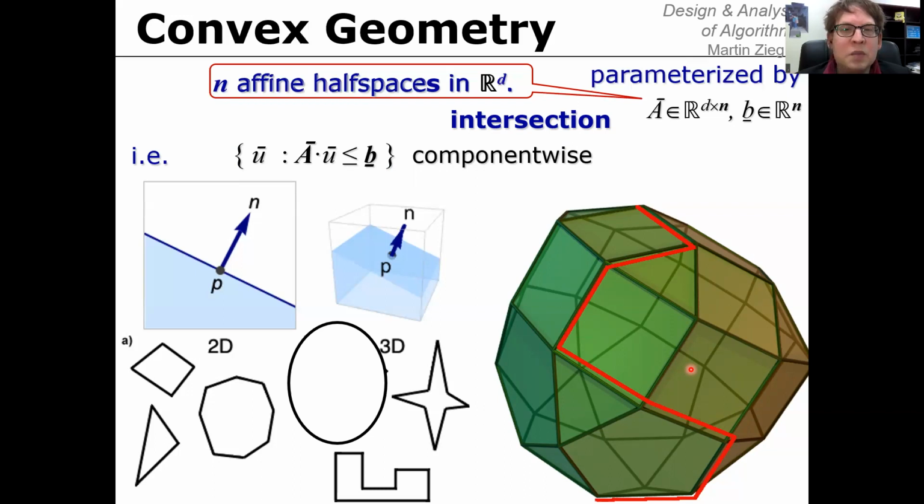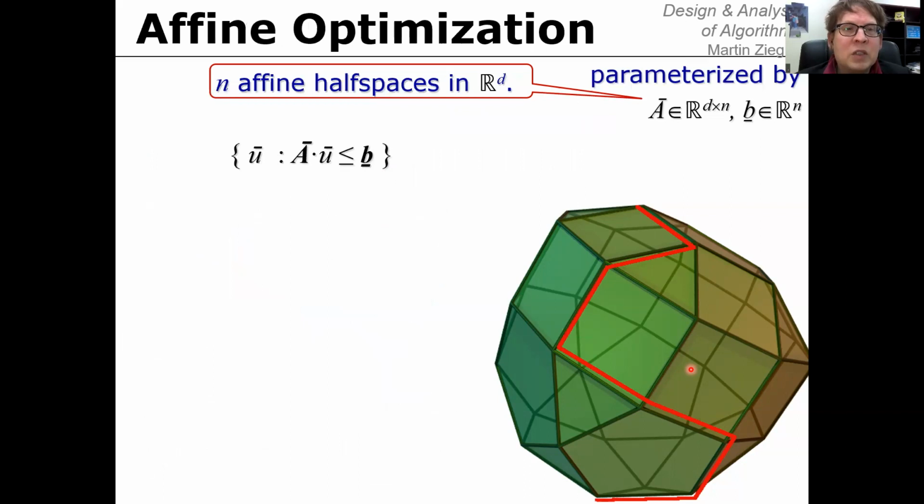What the simplex algorithm does is solve an optimization problem within such a polytope, namely a maximization problem. So affine optimization is the problem not of finding the whole polytope, which is infinite in general, but instead of finding the point that has the largest x-coordinate within this polytope.